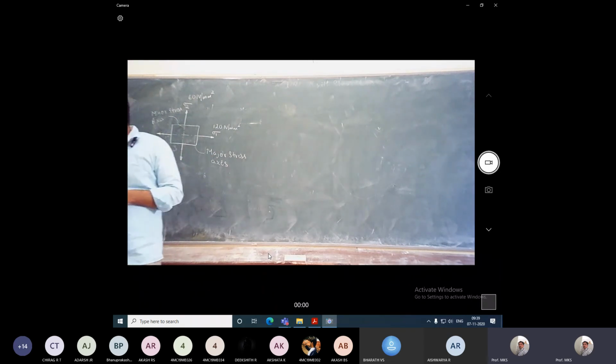Okay. And one more data is given: there is a plane which is inclined at an angle of 30 degrees with respect to the minor stress. So this will be the minor stress.